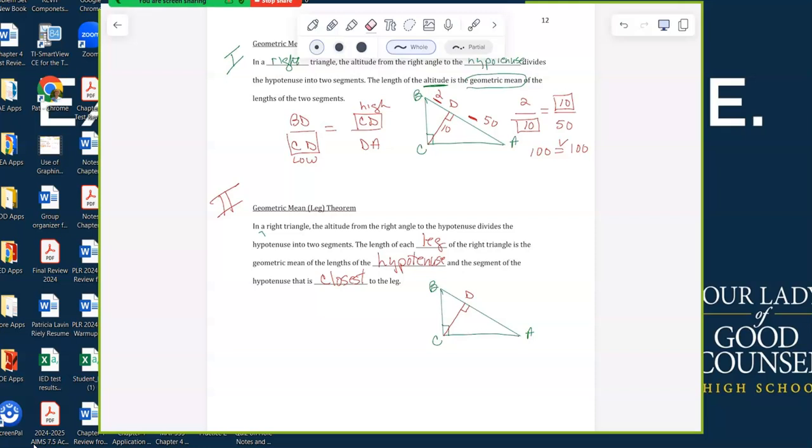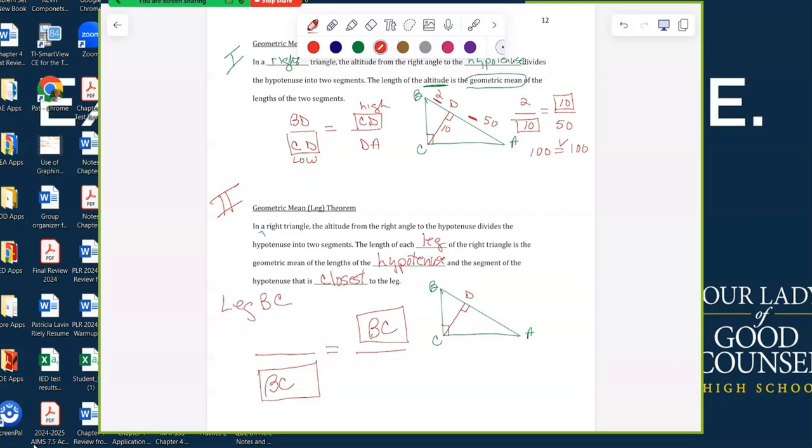Okay, so if we're talking about the legs, let's focus on leg BC. We said that it is acting as a geometric mean, which is kind of an average. Remember, we always put the geometric means low, high. So if we're doing leg BC, it's going to go here and here.